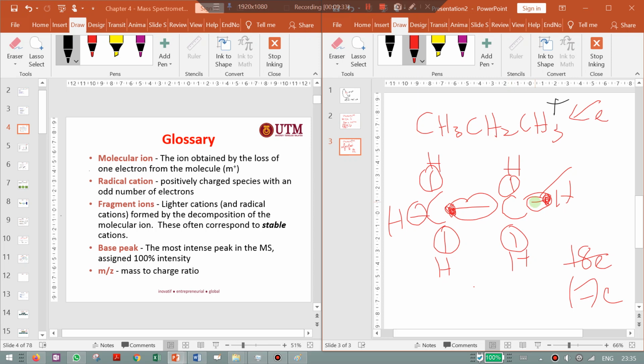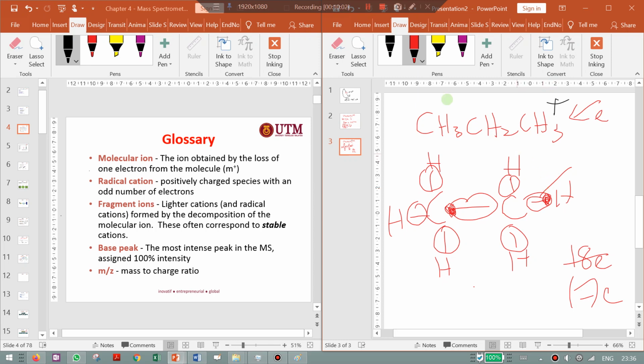Okay, I'll repeat in Malay. A molecule that loses one electron becomes a radical cation, and it will try to change into a more stable ion, that is, it will form fragment ions. Okay, they somehow want to change into a more stable molecule, they change to the fragment ions.